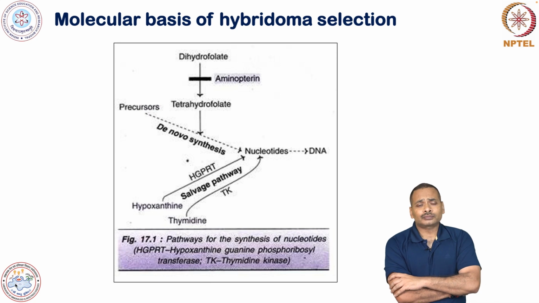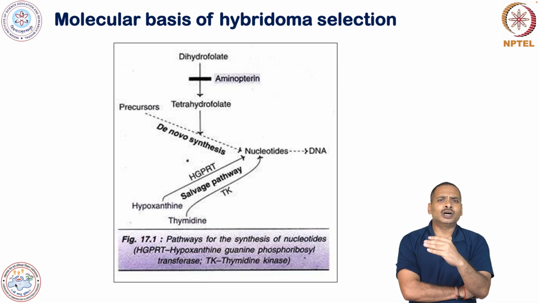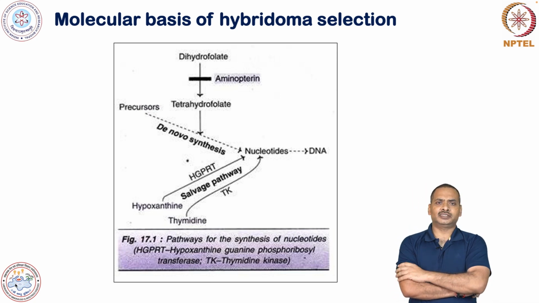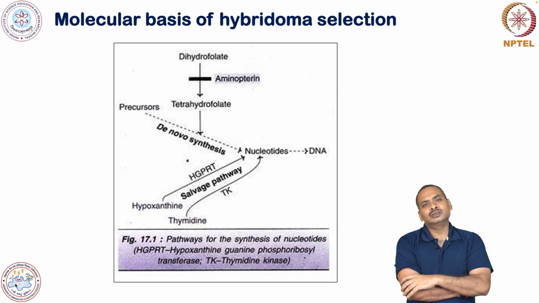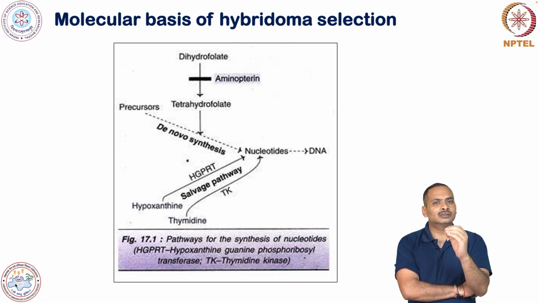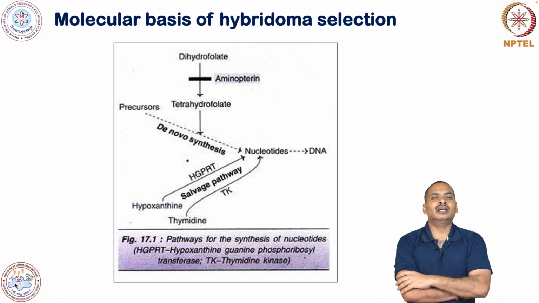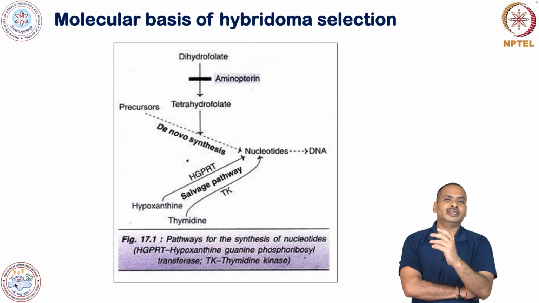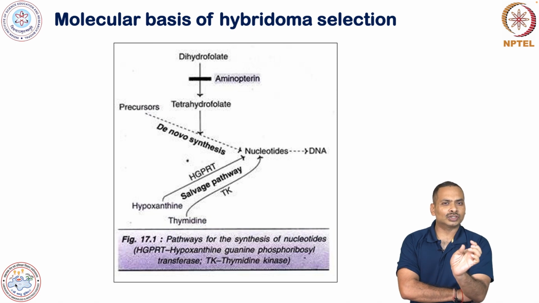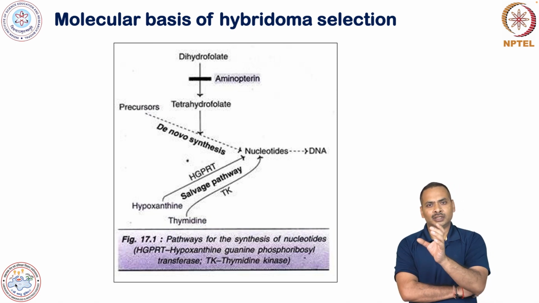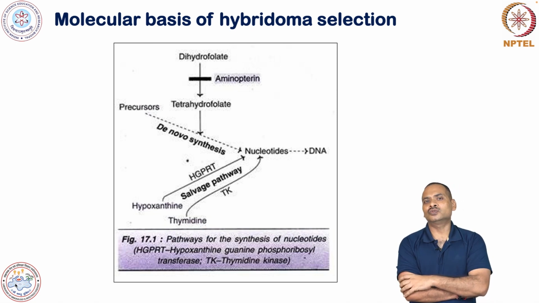So now I will tell you how we do the screening. So the spleen cell which is coming from the immunized mice, okay, they have a property that they can grow for a shorter time, okay, but myeloma cell can grow for indefinite time, right.